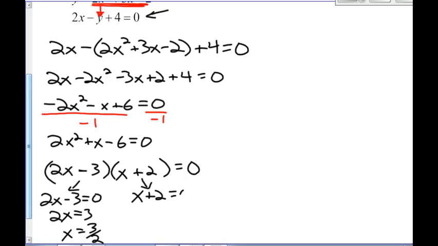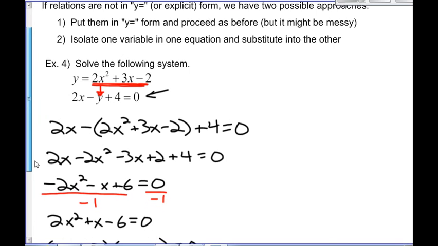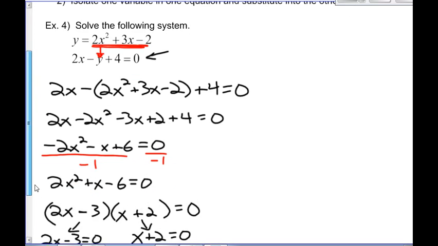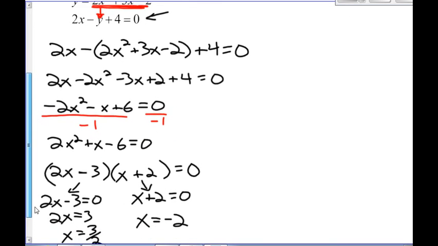We'll have x plus 2 equals 0 here, or x equals -2. Those are our x values for our intersections. So let's write them down. The solutions are going to happen at 3 over 2 for x, and -2.